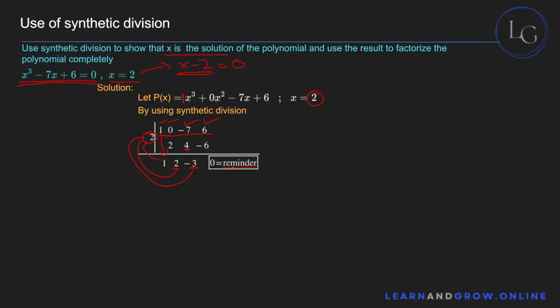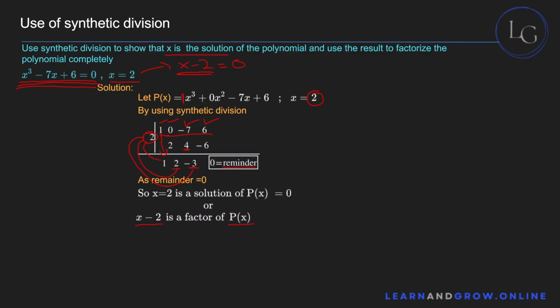So since the remainder is 0, x is equal to 2 is indeed a solution of x cubed minus 7x plus 6 equals 0. It also means that x minus 2 is a factor of p of x.